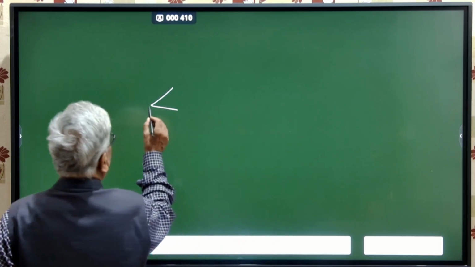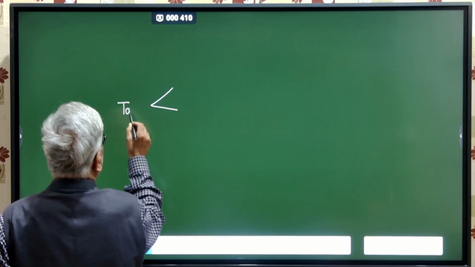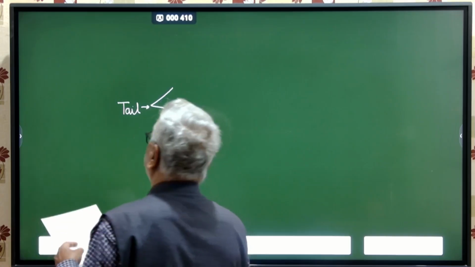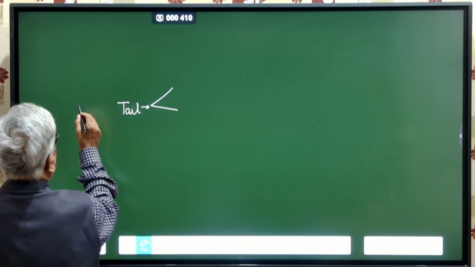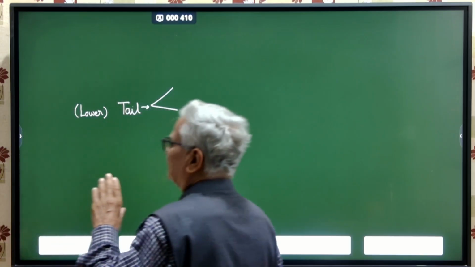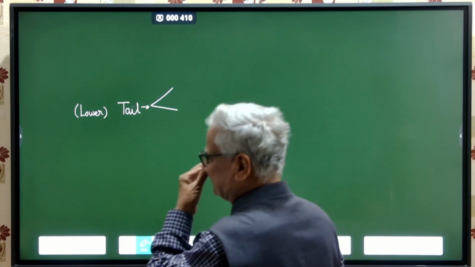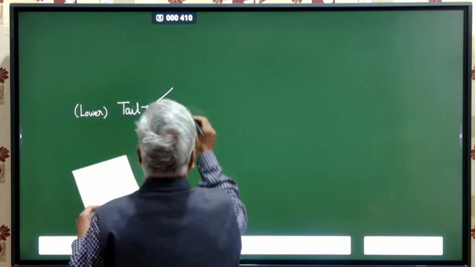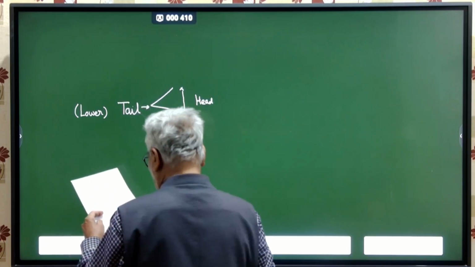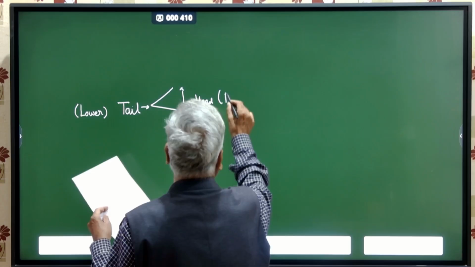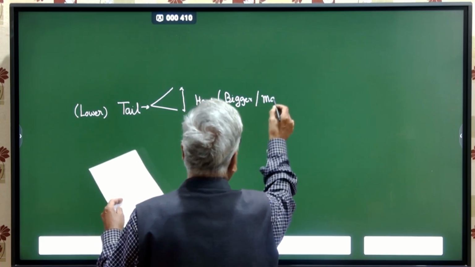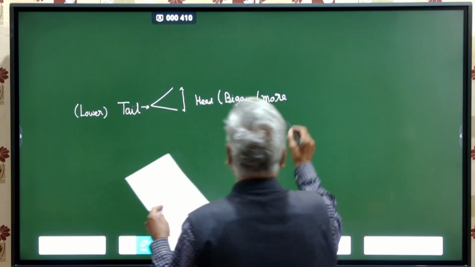One is this, the tail. इसको आप टेल कह सकते हैं, और टेल मीन्स लोअर पार्ट. सो ब्रैकेट में आप लोअर भी लिख सकते हैं. देन just like an open mouth is this, so this can be referred as head. That is the bigger, more and higher.